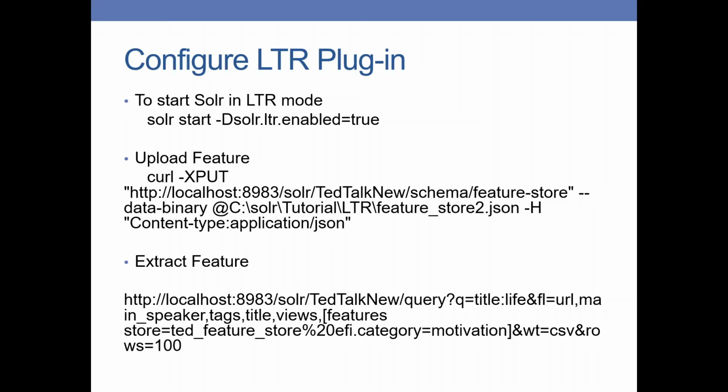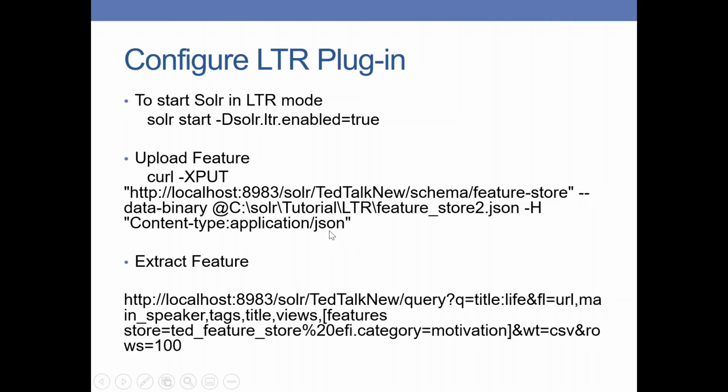Using the curl command, you have to give the feature store path URL and then the file path of the feature. It's a JSON file where we provide the feature store configuration. I'll show in the next slide that path and the content format of the file.